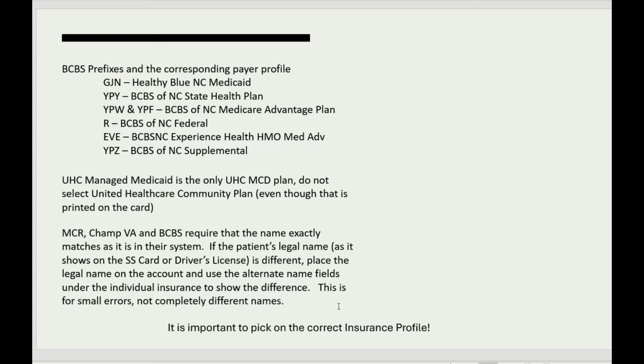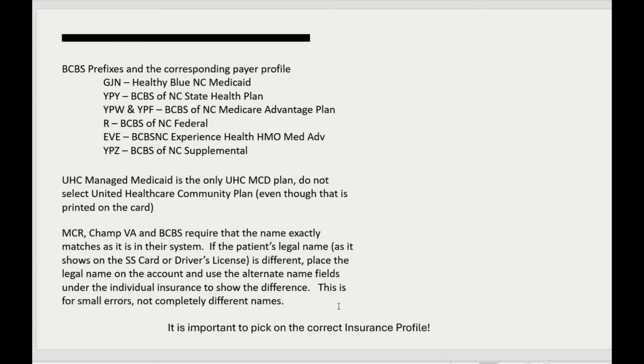And then it's important that we pick the correct insurance profile. As April said, I can't tell you how many Advantage plans people add in the system, saying they have United Healthcare Medicare or Aetna Medicare, and they're just picking any United Healthcare, any Aetna. It's important that we choose the correct plan.